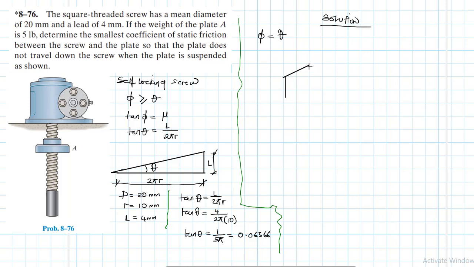We have the screw, and we have a load, which is just the weight. I mean the weight of the plate, which is 5 pounds.